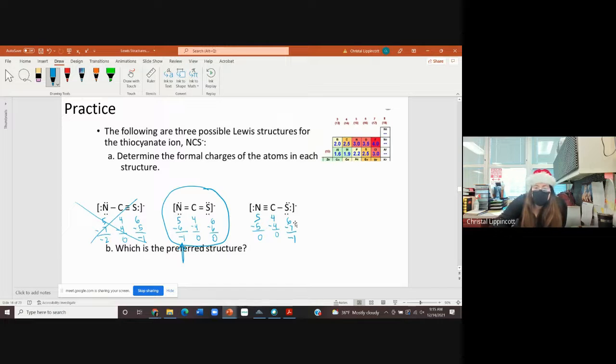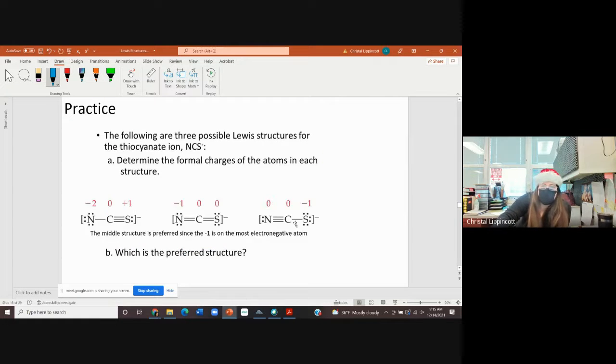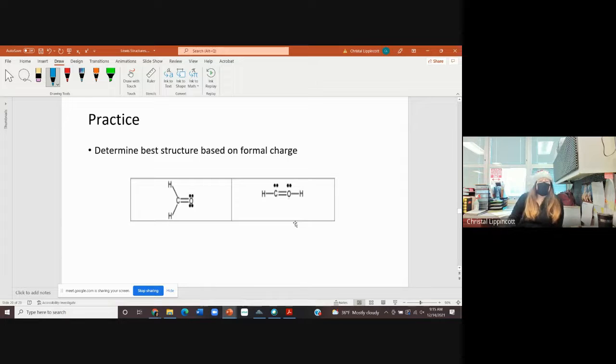All right, so try the next one. See if you can figure out what the preferred structure is between these 2. These 2 were proposed.